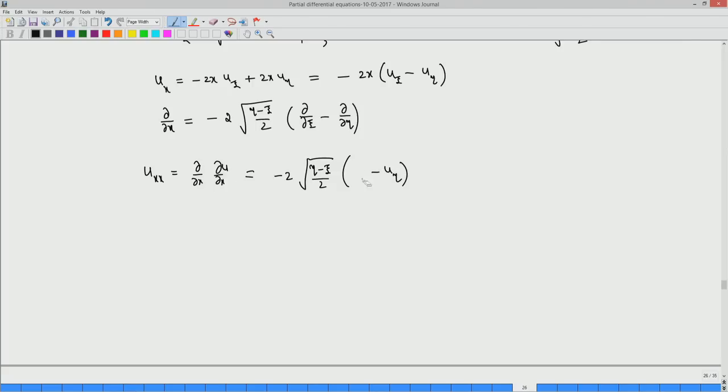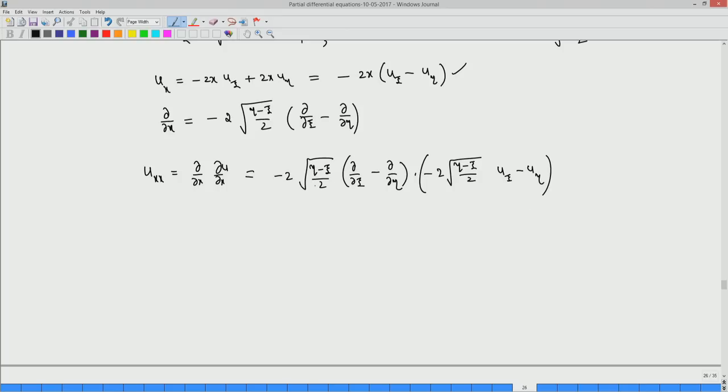First you write this dou xi, dou eta. This is my dou x. Now, dou u by dou x you can pick from here. So, that will be again that into this, into minus 2 x, which is square root of eta minus xi by 2 into u xi minus u eta.